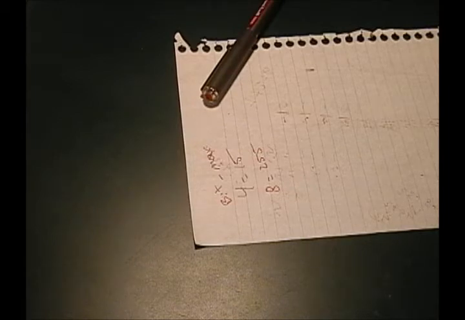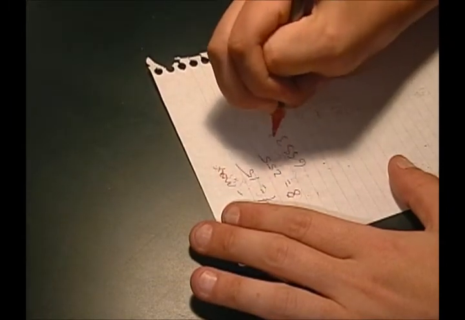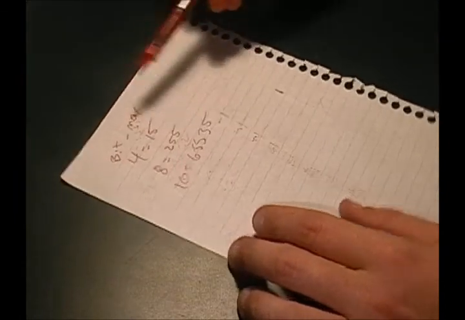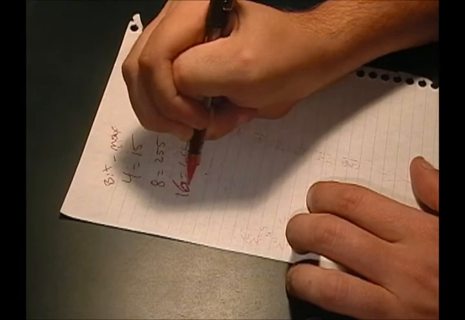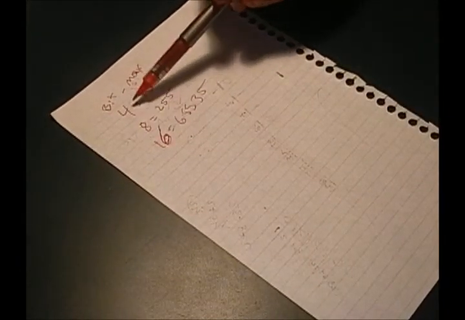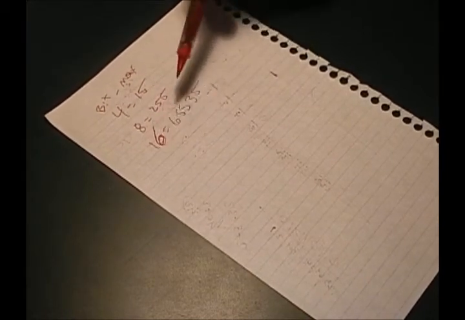And then 16-bit is 65,535. I should know this, but it's been a long time since I had to work with this. So you see the maximum value goes up with the number of bits because there's more to add. Maximum 4-bit is 15, maximum 8-bit is 255, maximum 16-bit is 65,535.